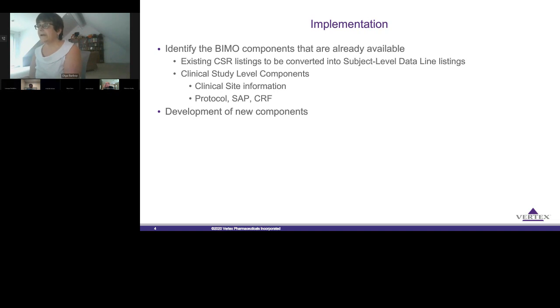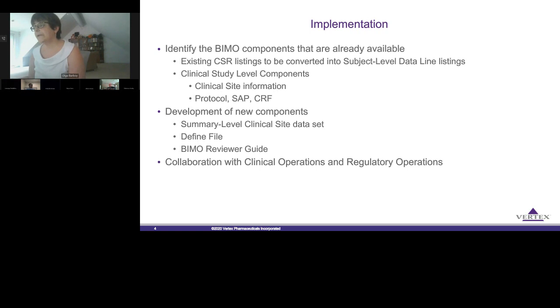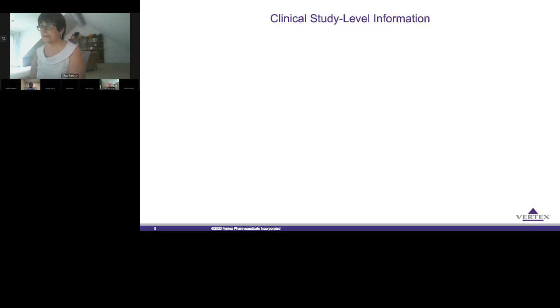But there are a couple components that are brand new and we have to develop them from scratch. This is the summary level clinical site data set and define XML and BIMA reviewers guide. We have to collaborate with other functions in the company, clinical operations and regulatory operations, to get some information that we needed for the data set and for BIMA package. Let's look at each component in detail.